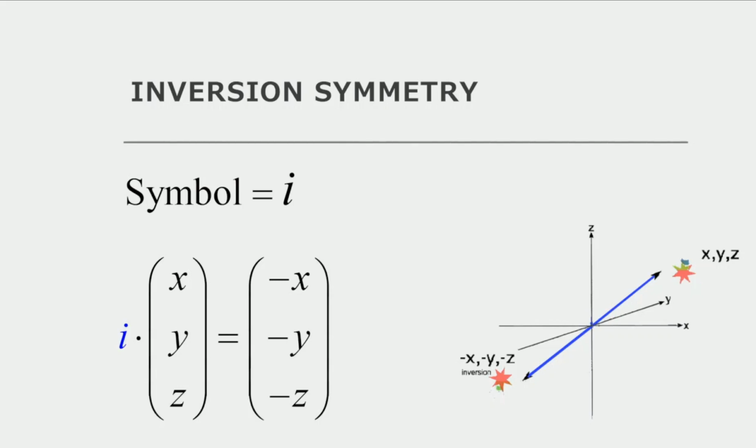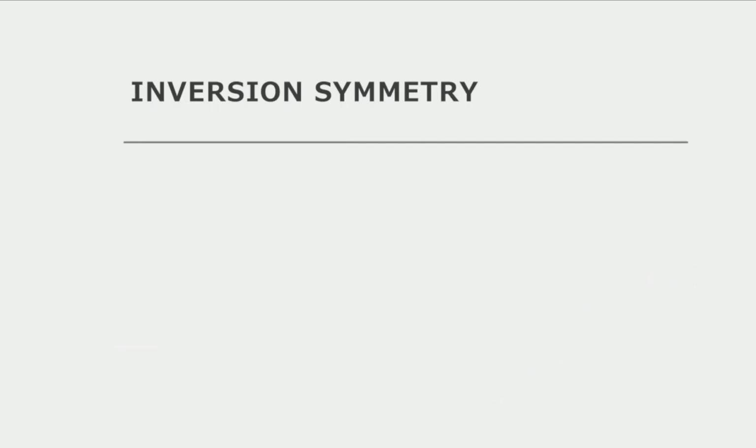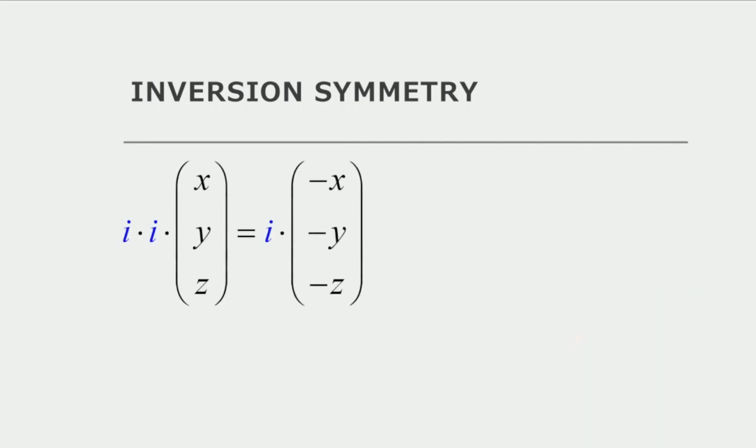Now if you apply the inversion twice, what happens? Mathematically, doing an inversion twice is equivalent to doing the operation I twice, right? So I into I operated on the general Cartesian vector x, y, z will be given by I into minus x, minus y, minus z.